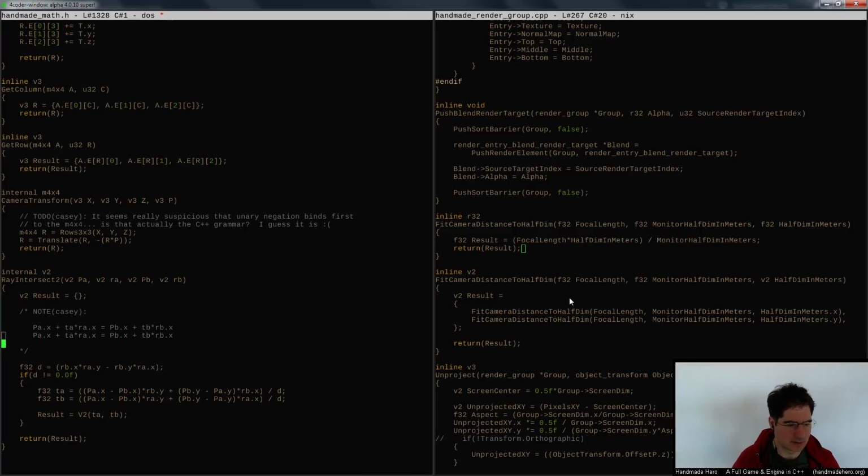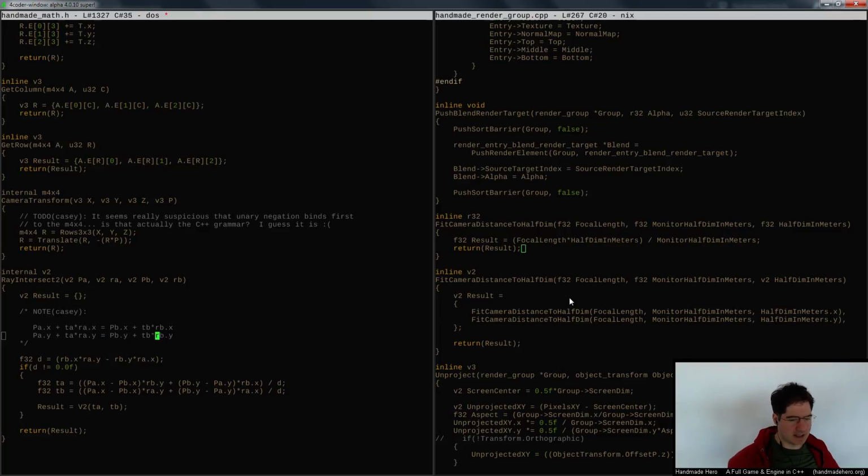And at the same time, the same in Y. So we're saying a base point, PA, plus some scalar times the ray direction A equals some base point B plus some scalar times the ray direction B, right? And that's all we want, it's literally just A plus BC equals D plus EF in X and Y, right?